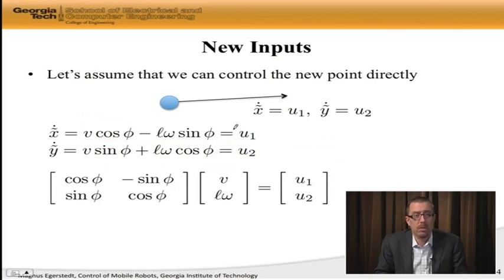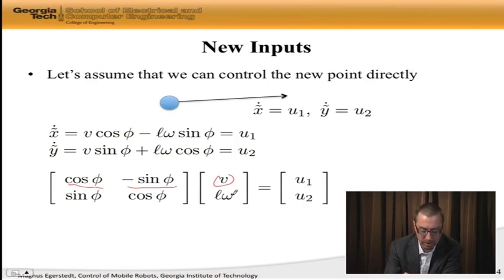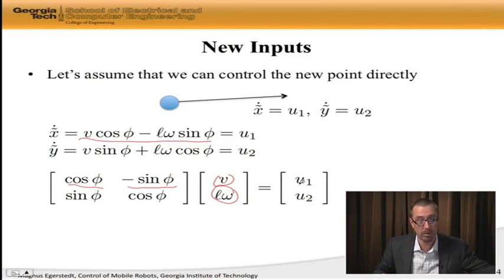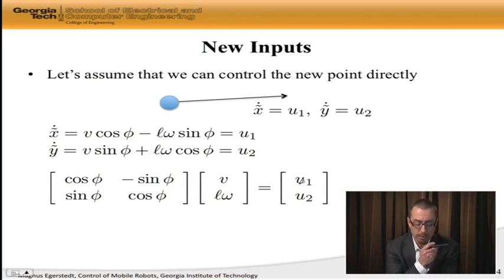Well, the first thing we do is we pull out the cosine and the sine terms. So we get that cosine times v minus sine times L omega, well, that's equal to u1. And similarly for the u2 equation.